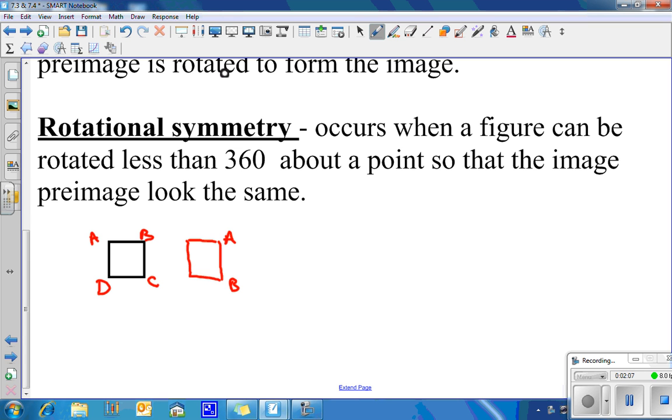A, B, C, D prime. Okay, it's rotated, but it looks exactly the same. And I can keep doing that as long as it's less than 360 degrees. If you have to rotate it 360 degrees, you didn't change anything. Right? But you have to rotate it less than 360 degrees, and if the lines land on top of each other with different points in that location, then it has rotational symmetry.